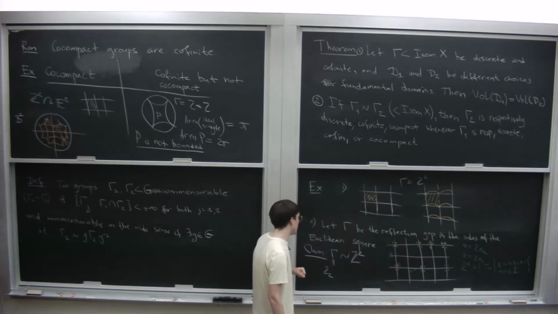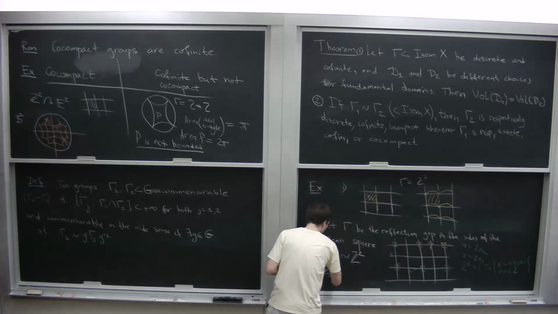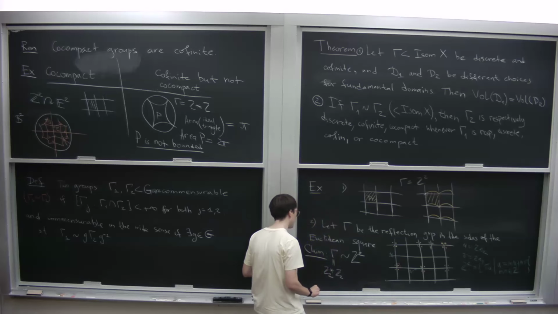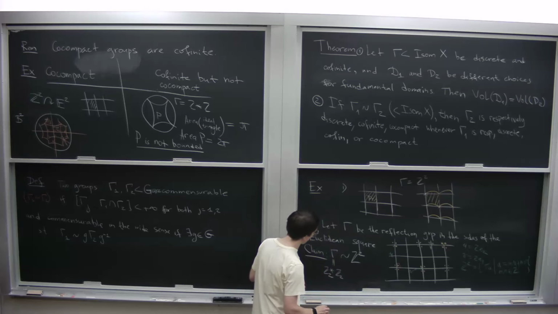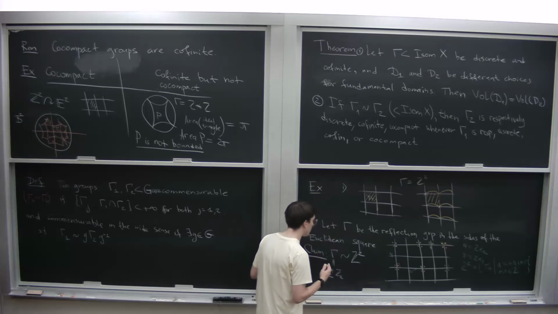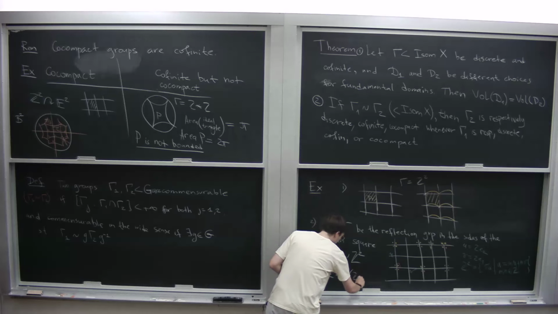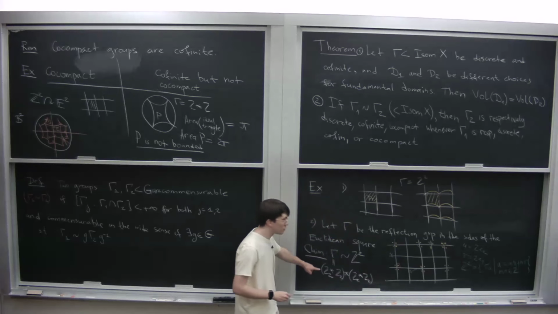So this is the free product of Z2 and Z2, direct product Z2 free product Z2. Okay, is it correct?